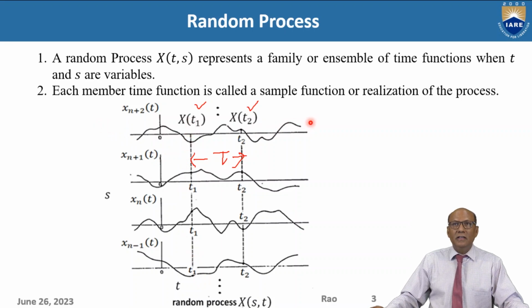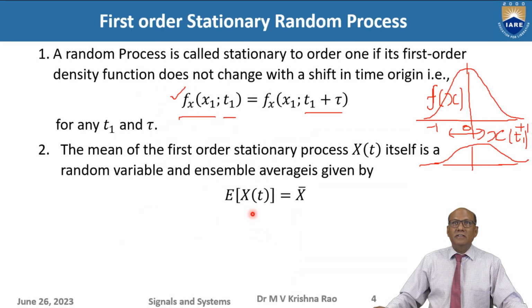If I take it horizontally, waveform by waveform, this is a time average, another time average, another time average. Like that, I have several time averages here, and several ensemble averages here. If I take the average vertically, they are ensemble averages. That ensemble average is represented by the expectation value like this. This is one vertical, then it can be T1, T2, T3 like that. This quantity is nothing but the mean value of all vertically taken values, that is, the random variable at T equal to T1, T2, T3 and so on.